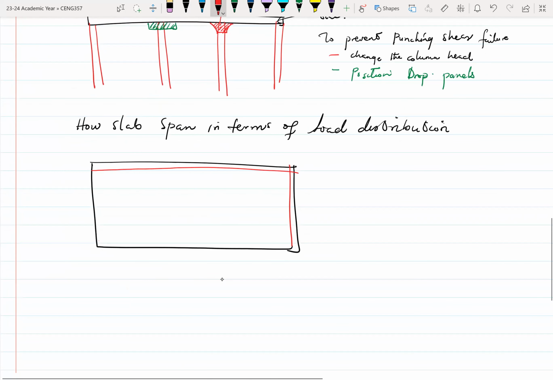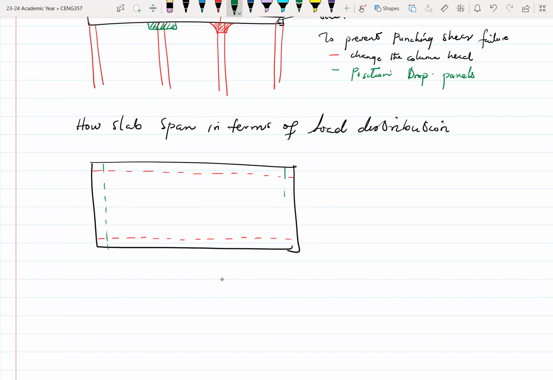Let me change the colors of the beams. Normally the beams will be below the slab, so you wouldn't see them. So I normally draw them with hidden lines, right? So there are four beams at the edges of the slab, right?